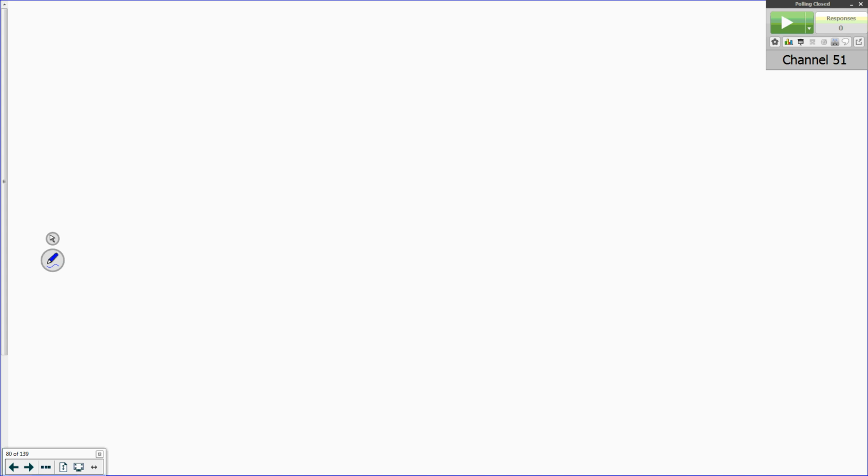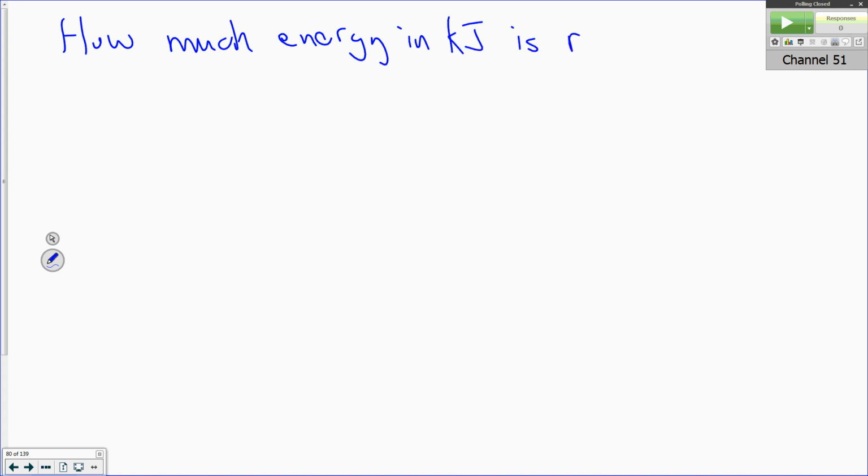The question, I'm going to paraphrase greatly. It wanted to know how much energy in kilojoules is required to vaporize a certain mass of water.